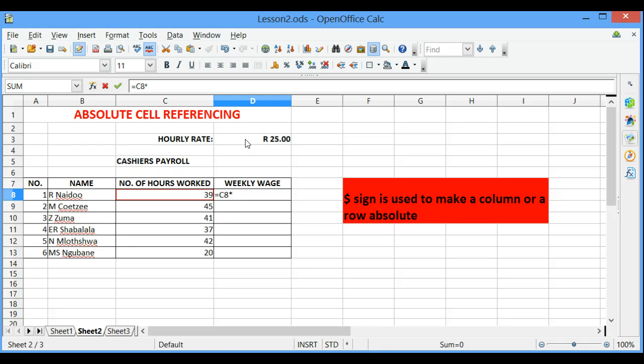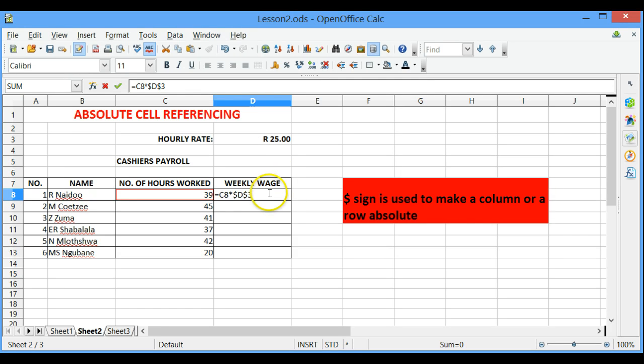But the hourly rate is not going to change. It is going to be the same for all the employees. So I need to make the hourly rate absolute, and it is contained in cell D3, so I'm going to make cell D3 absolute. So it's going to be $D$3.